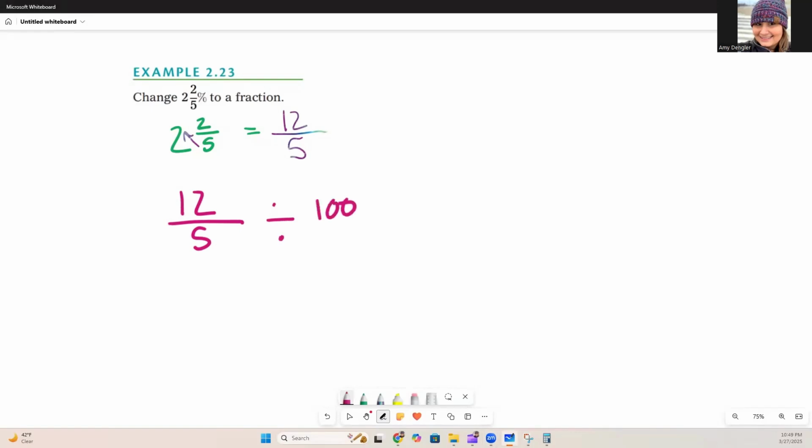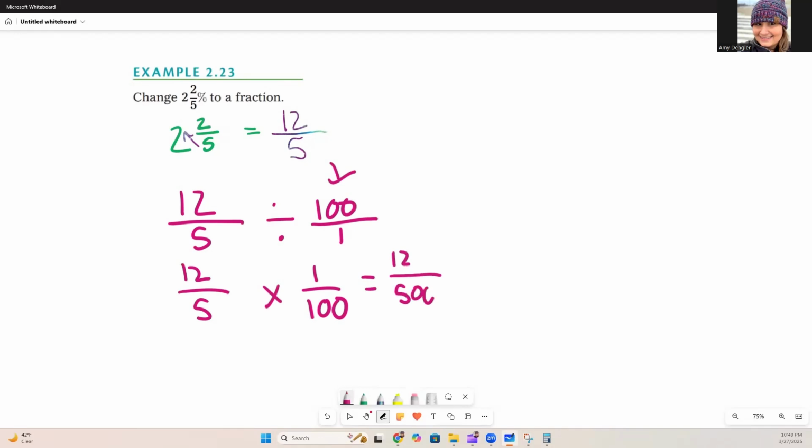Now remember, 100 is the same thing as 100 over 1. And to divide two fractions, I need to flip this number here. So I'm going to rewrite it as 12 over 5 times 1 over 100. Do the math across. 12 times 1 is 12. 5 times 100 is 500.